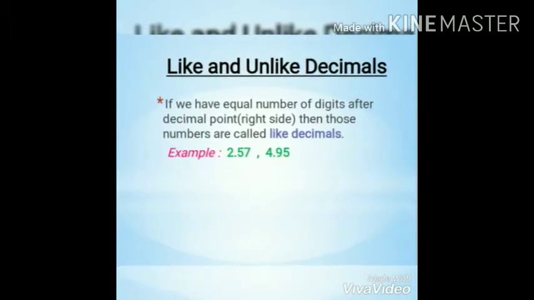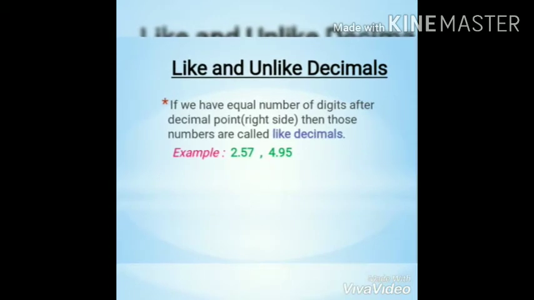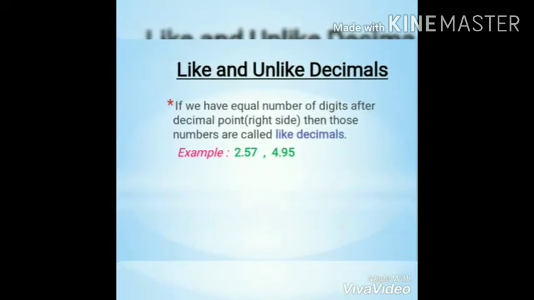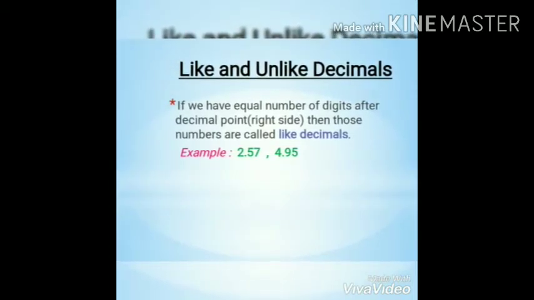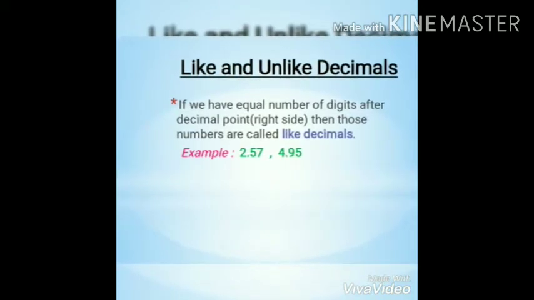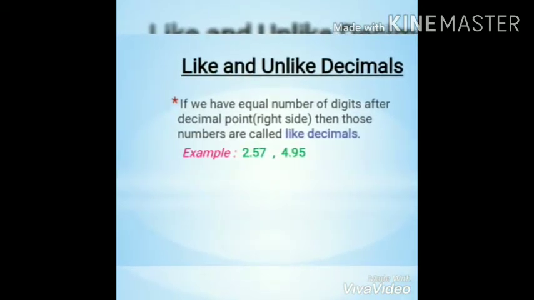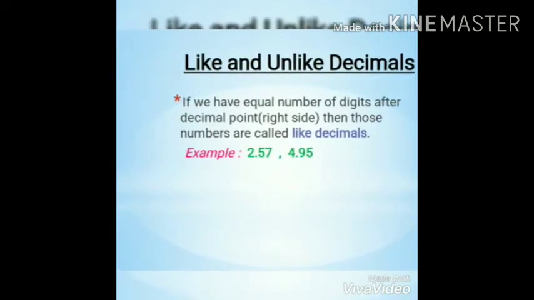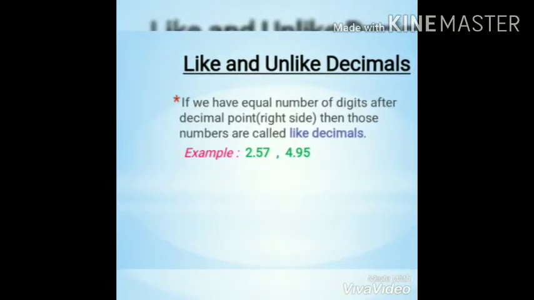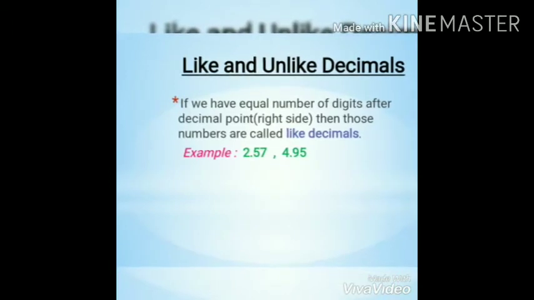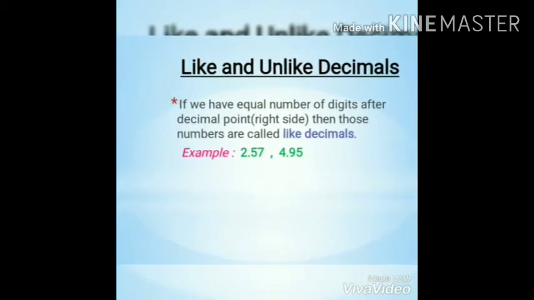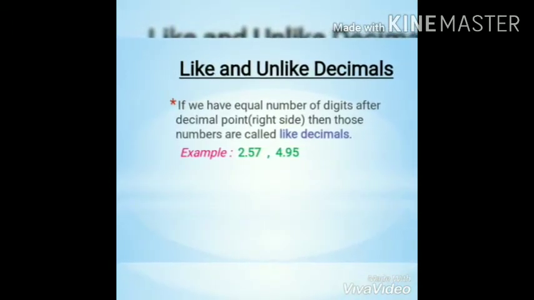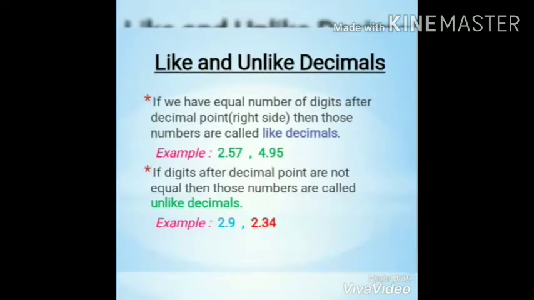Like decimals and unlike decimals. If we have equal number of digits after decimal point, that means on the right side, then those numbers are called the like decimals. As you can see in the example, we have 2.57 and 4.95. So as you can see here, after decimal in both the numbers, we have two digits. So we can say both are like decimals.